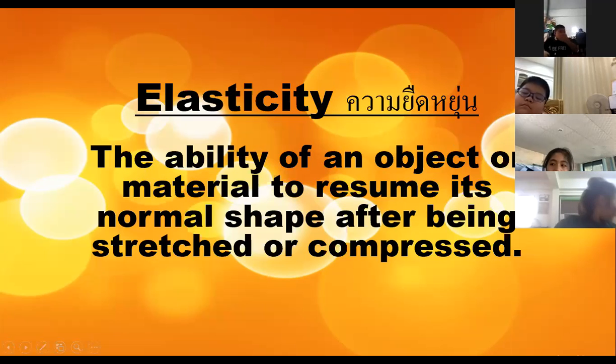The ability of an object or material to resume its normal shape after being stretched or compressed. Oh, thank you, Chompu. So I'm gonna read one more time. Elasticity, the ability of an object or material to resume its normal shape after being stretched or compressed.